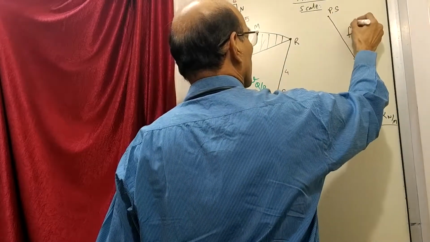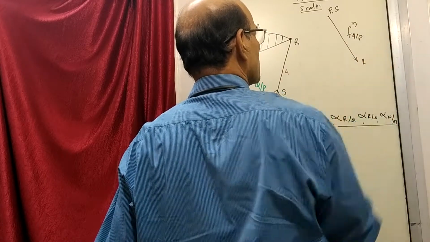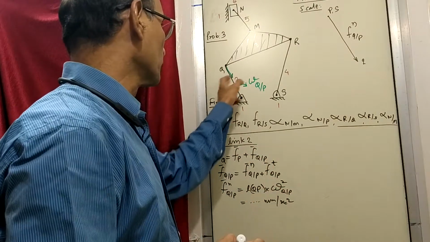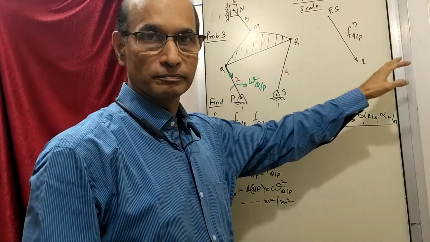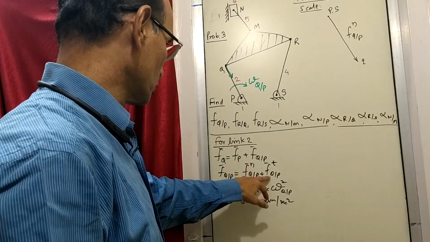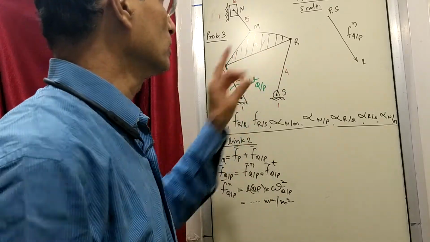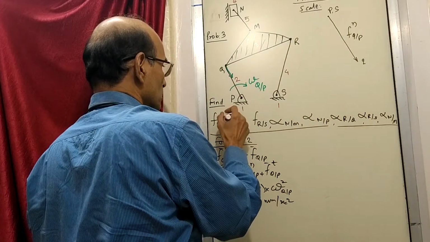This is f normal of q with respect to p, and this is the final point q because the tangential component is not there. We are not given alpha. Suppose we are given alpha, then we draw another line. It is not there right now. So this itself is the final. So we have drawn acceleration of q with respect to p. So you can say this is done.